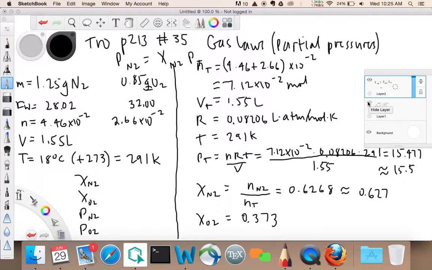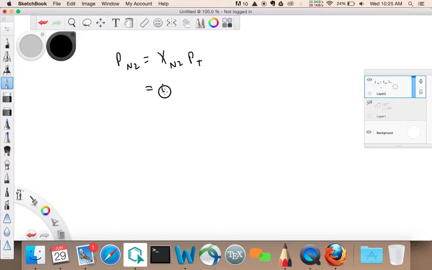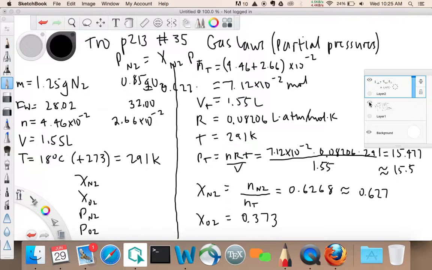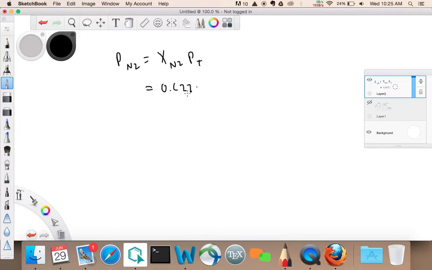The mole fraction of N2 is 0.627 times pressure total, which was 15.477, and the partial pressure of oxygen is equal to 0.373 times 15.477.